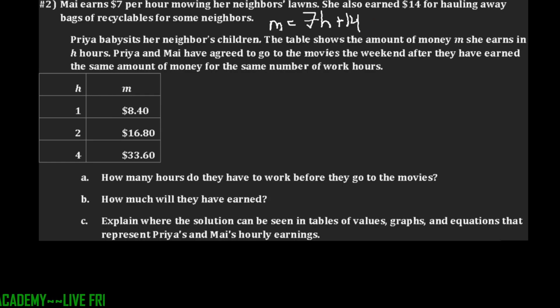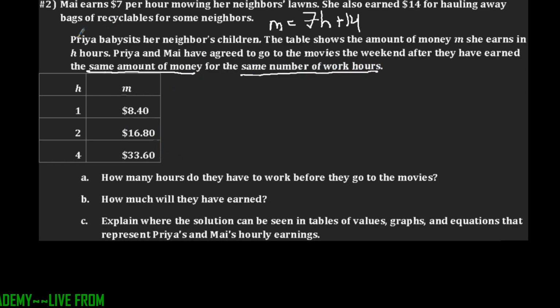Then it says Priya babysits her neighbor's children. The table shows the amount of money M she earns in H hours. Priya and Mai have agreed to go to the movies after they have earned the same amount of money for the same number of work hours. So that's our goal.